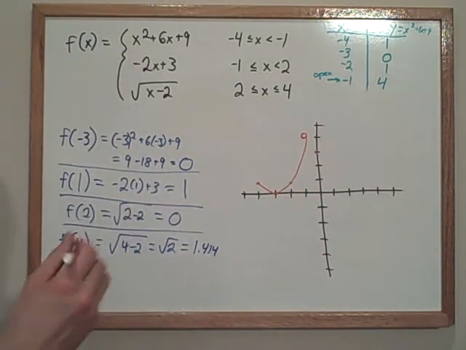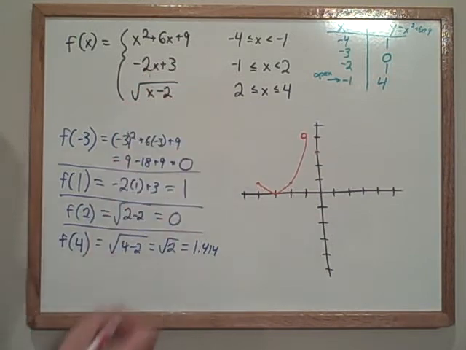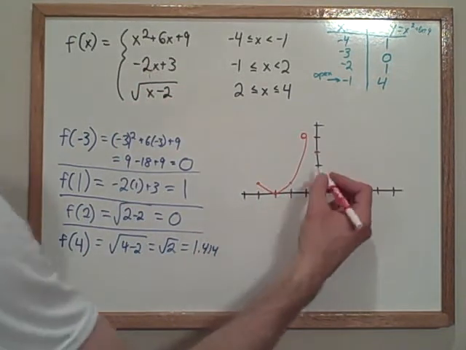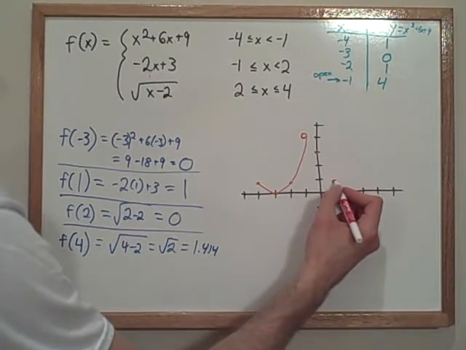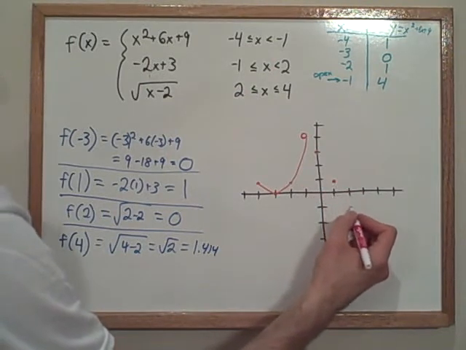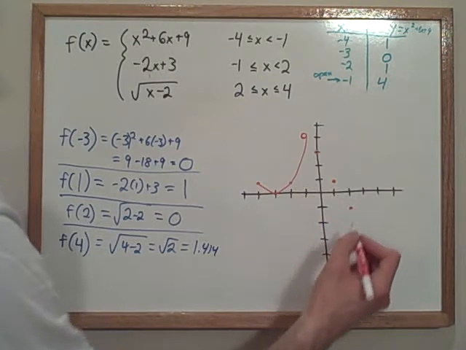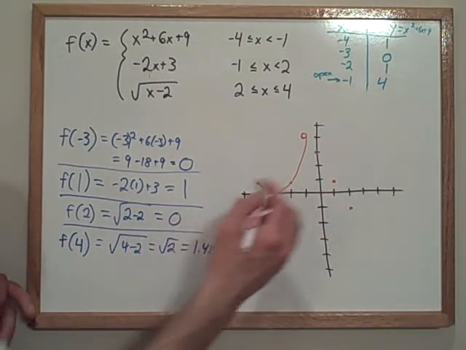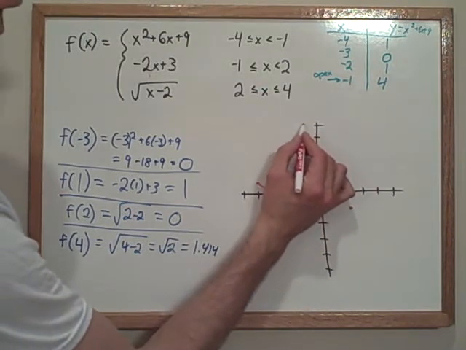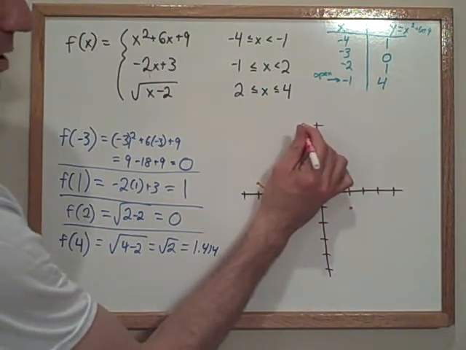The slope is -2. Let's be technical. That's -2 over 1. So we will go down 2 and over 1, down 2 and over 1 more. And while we're at it, let's go up 2 and back 1. And we're going to connect these points.